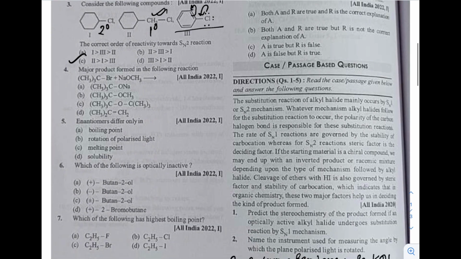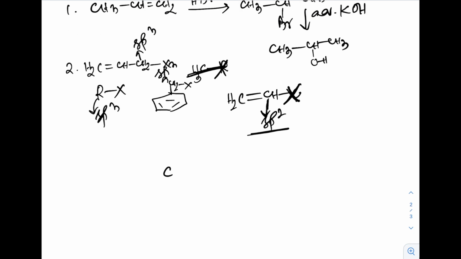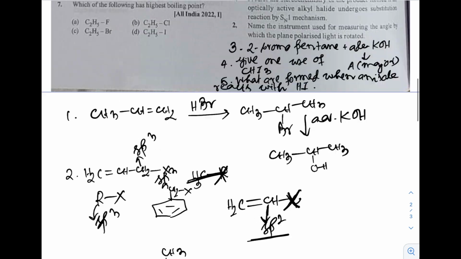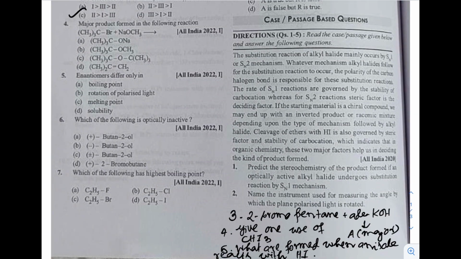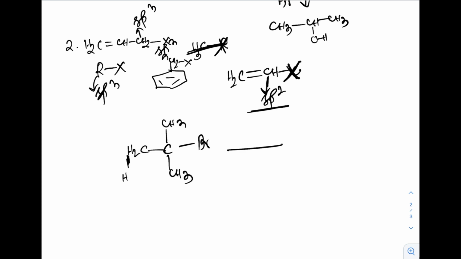Next, question 4. Major product formed in the following reaction is. Well, what we have to keep in our mind, when a 3-degree alkyl halide is given in presence of a base like NaOCH3, here elimination reaction happens.